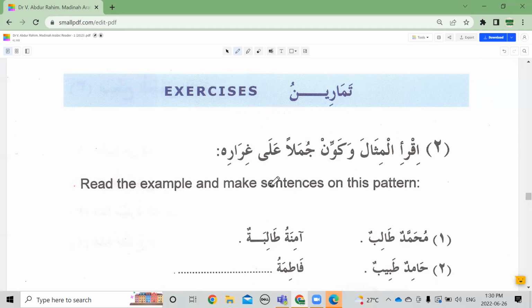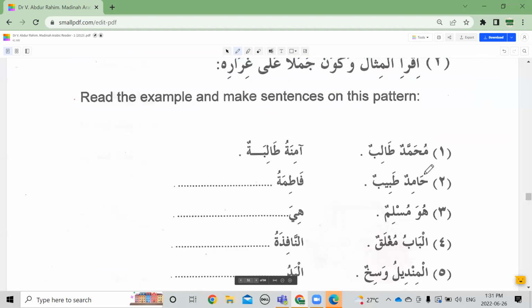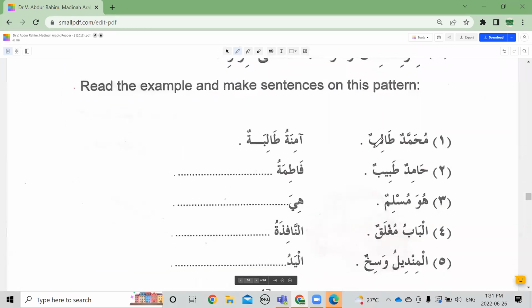Read the example and make sentences on this pattern. Muhammadun talibun. Aminatu talibatun. Hamidun tabibun. Fatimatun tabibatun.